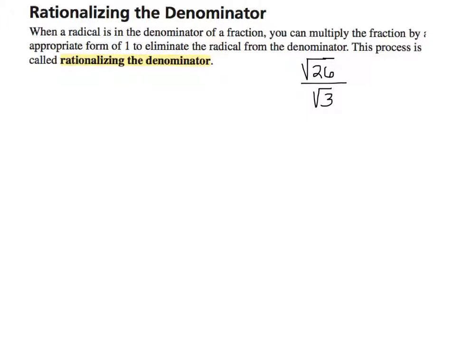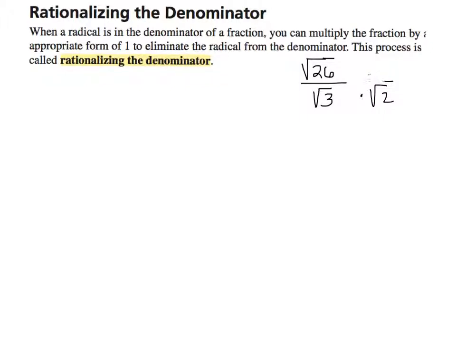So here's what it means by an appropriate form of 1. I can take anything I want, anything at all, as long as you multiply the top and bottom by the same thing. Because, for example, let's just say I multiply by root 2 on top and bottom. I know that will not help me, but what does root 2 divided by root 2 give you? It gives you 1.